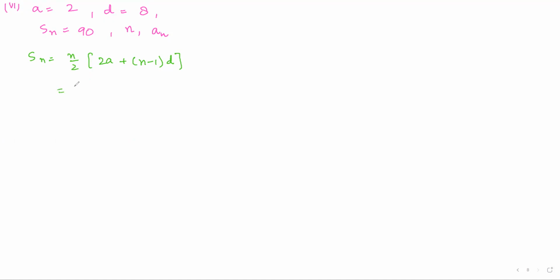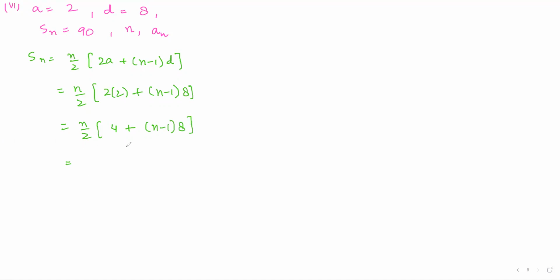Let's see. So n by 2, and then 2 into 2, plus n minus 1 into d is 8. So I'll get n by 2 into 4 plus n minus 1 into 8, right?